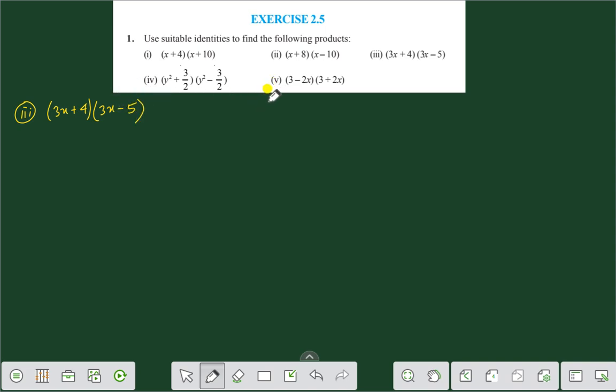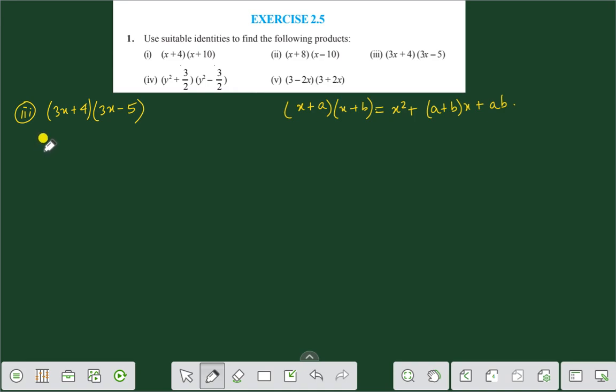We'll use this identity again, that is (x + a) into (x + b) is equal to x square plus (a + b)x plus ab.